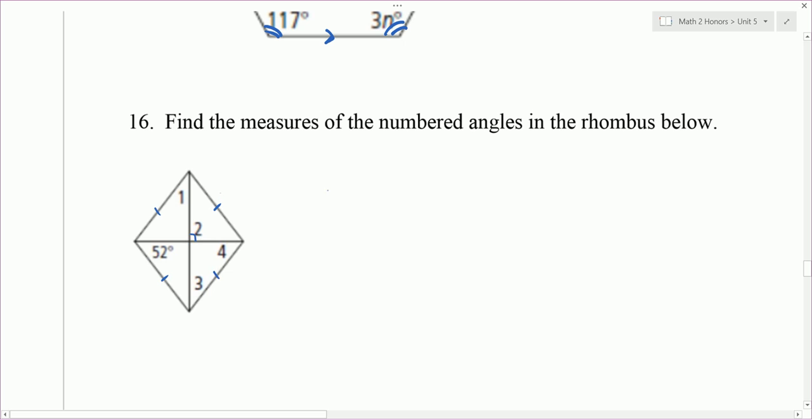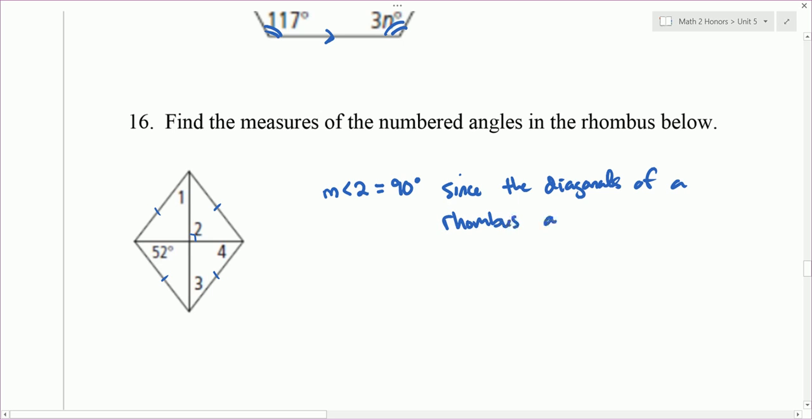And so that tells us angle 2, the measure of angle 2 is 90 degrees, since the diagonals of a rhombus are perpendicular.